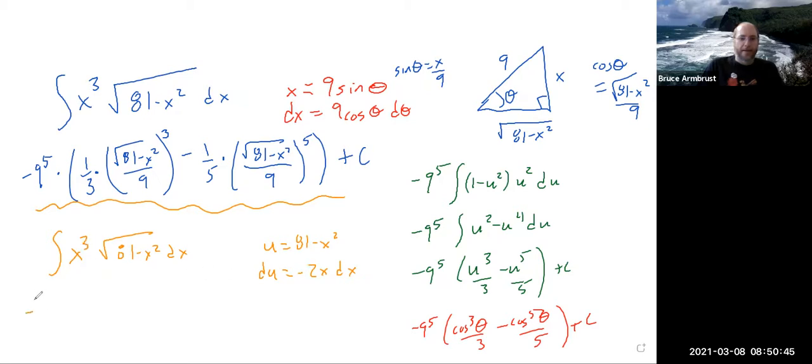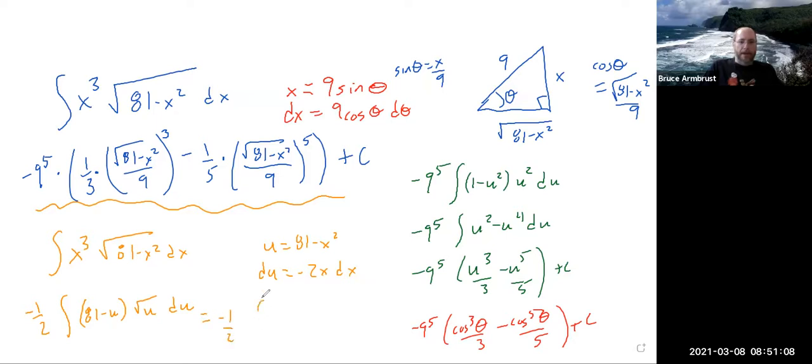So when we substitute that in, we're going to get a minus 1/2. Now the x cubed, if we use one of those x's, leaves another x squared. But that x squared, if I solve with this thing, is 81 minus u. And we're going to get the square root of u du.